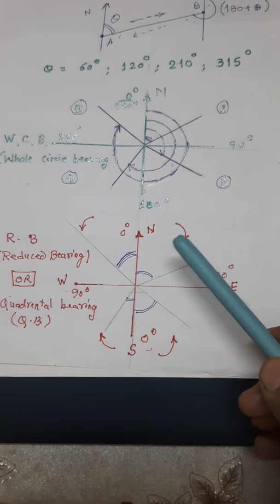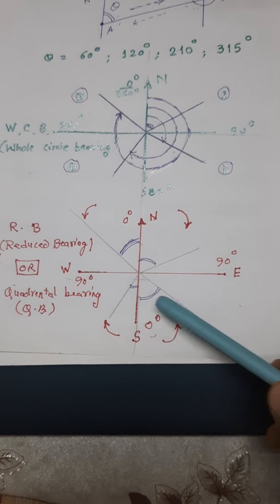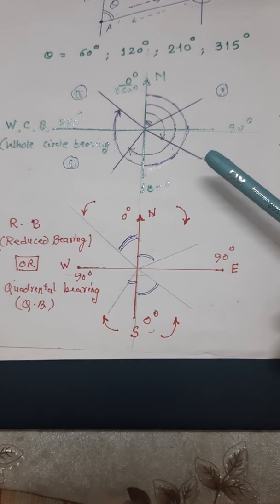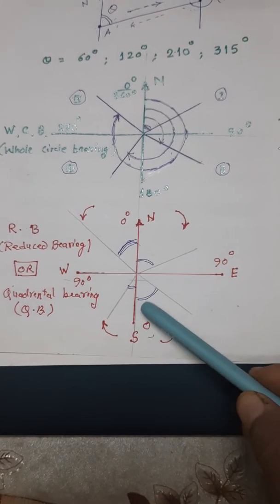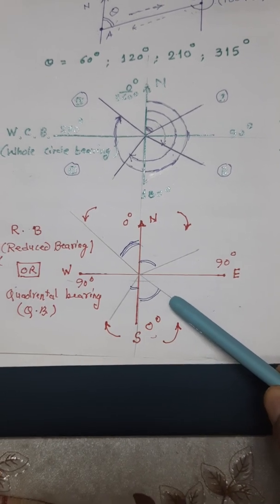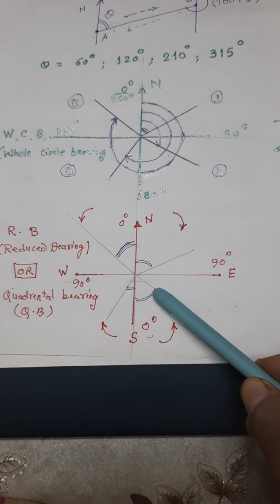Vice versa. If the reduced bearing or the quadrantal bearing is given, how to convert it into whole circle bearing? Just take the reverse case. Suppose it is given as S 60 degree E, meaning this angle is given.